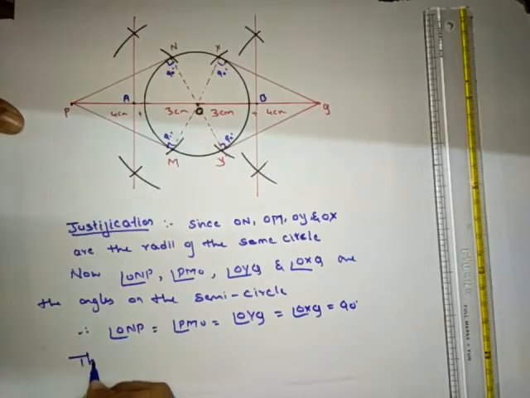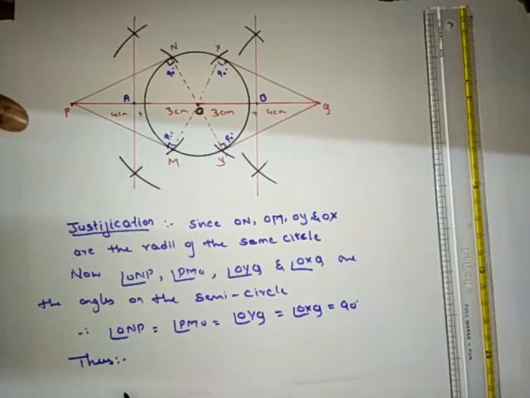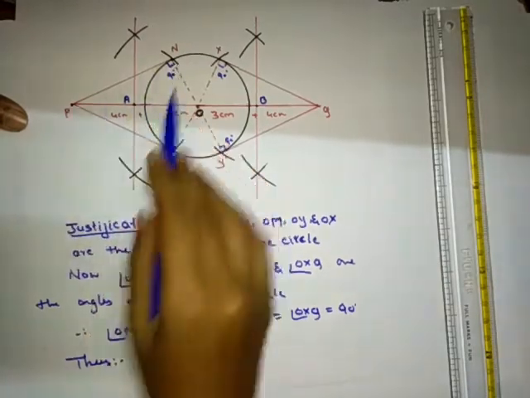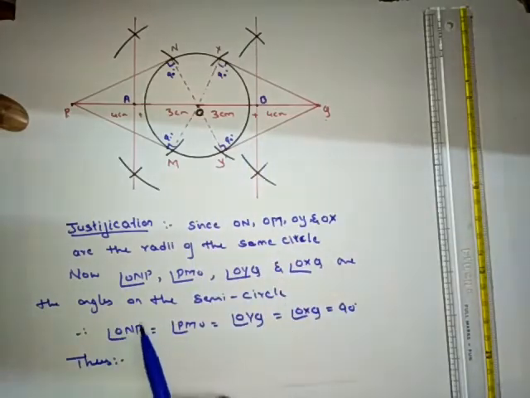Thus, if these are equal to 90 degrees, then those lines PN, PM, QX, QY will be perpendicular to the radius respectively.